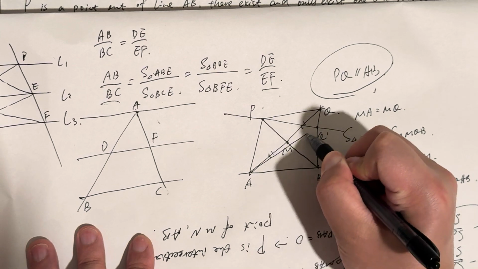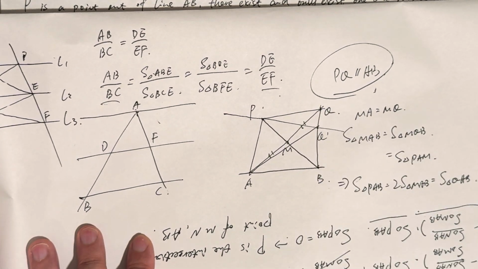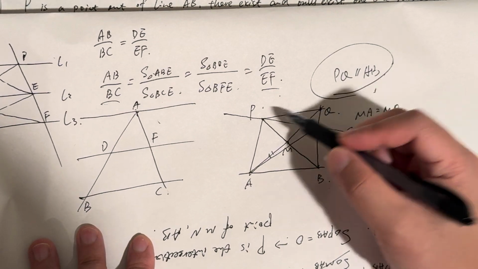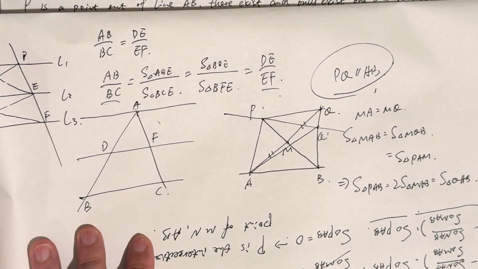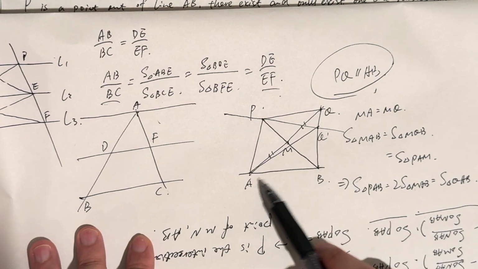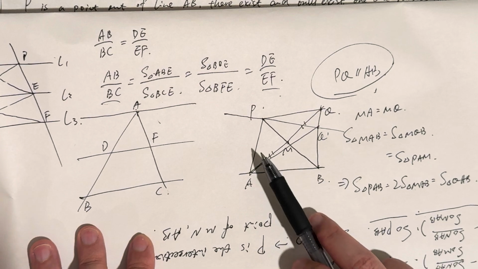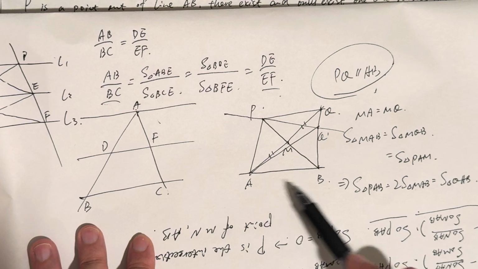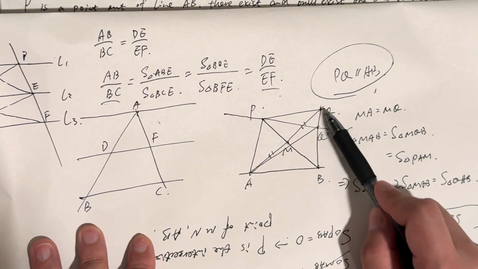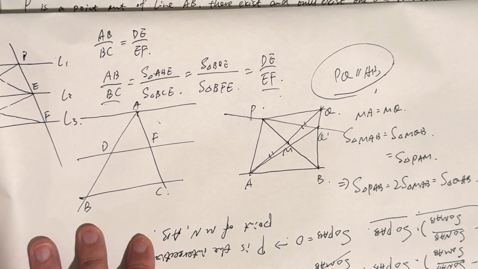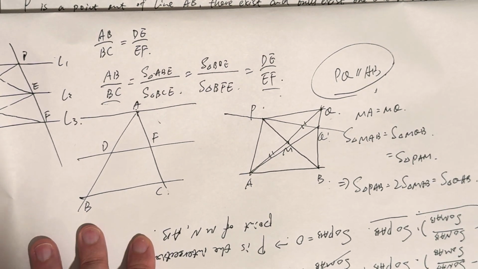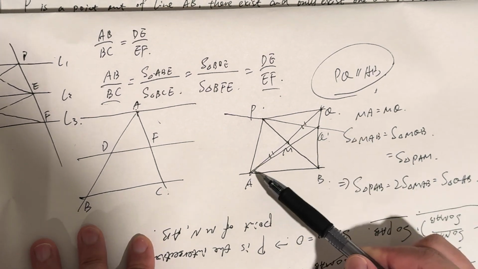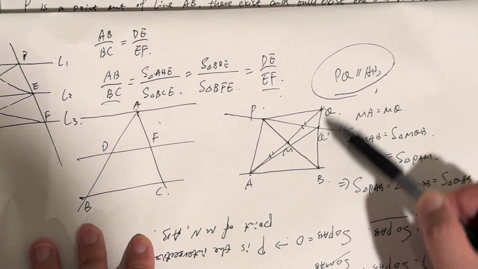Then we can just connect AQ prime here. So based on PQ prime also being parallel to AB, we know that the triangle area of Q prime AB equals the triangle area of PAB. But we know that the triangle area PAB equals the triangle area QAB, which is not correct, or say invalid with the figure, right? Because Q prime is another point on BQ.